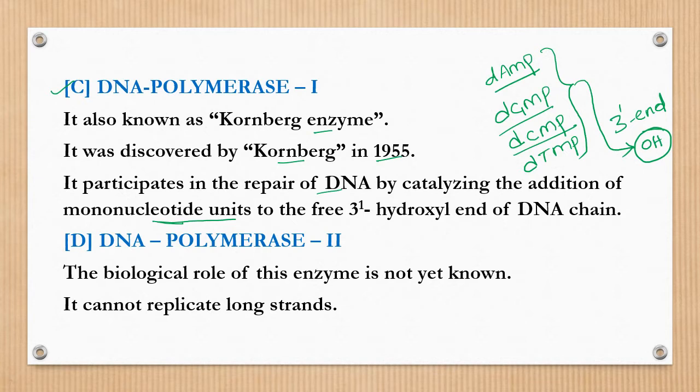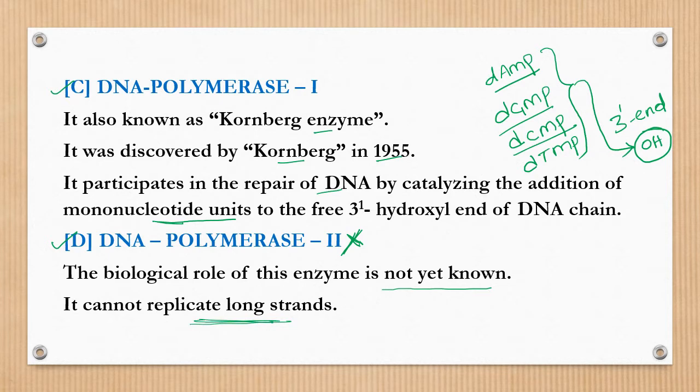Next, another enzyme, DNA polymerase 2. The biochemical role of this enzyme is not yet known. So in our discussion of the mechanism of replication, this enzyme will not be mentioned. Remember, it is because its role is not yet known, and it cannot replicate long strands of DNA.